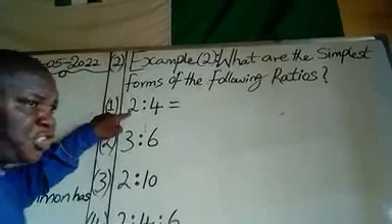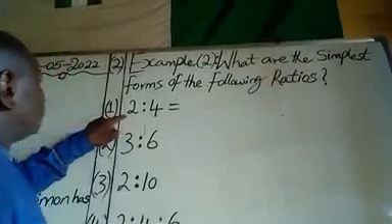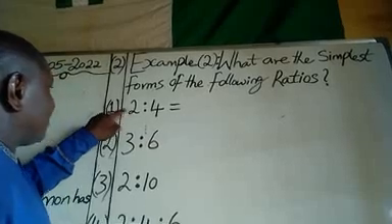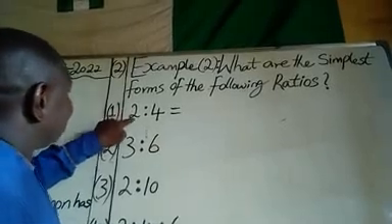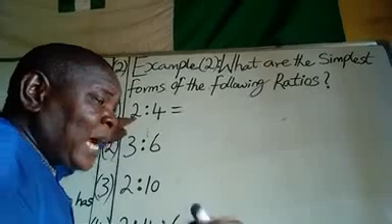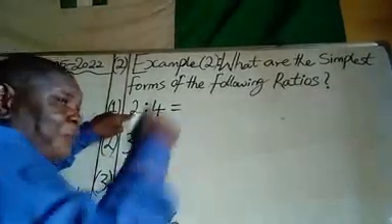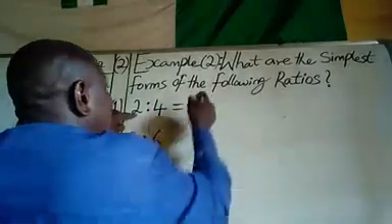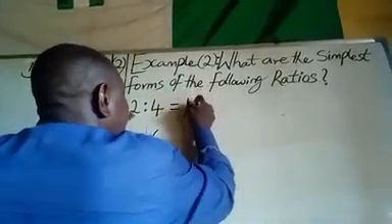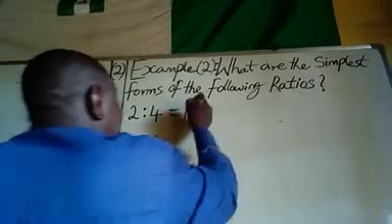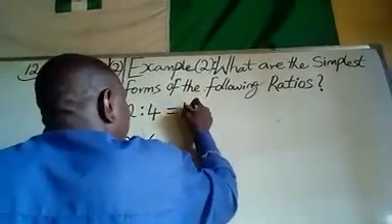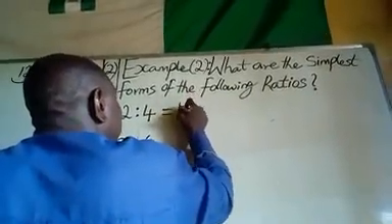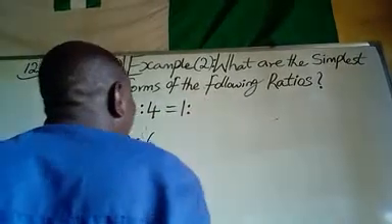I'm going into the calculation now. This 2 divided by the 2 that I have selected, the answer is 1. Put down the sign of ratio. Okay?